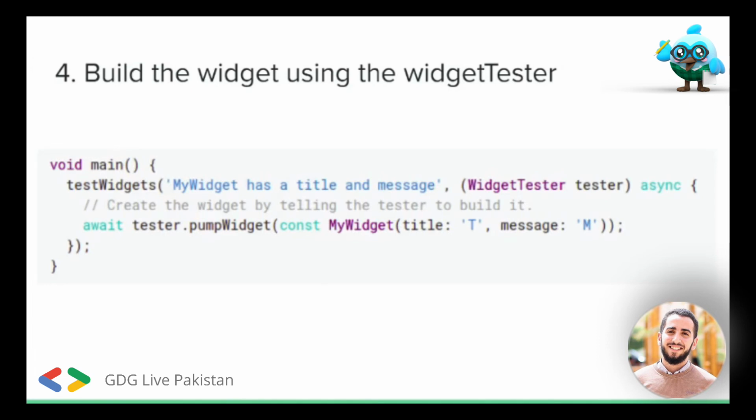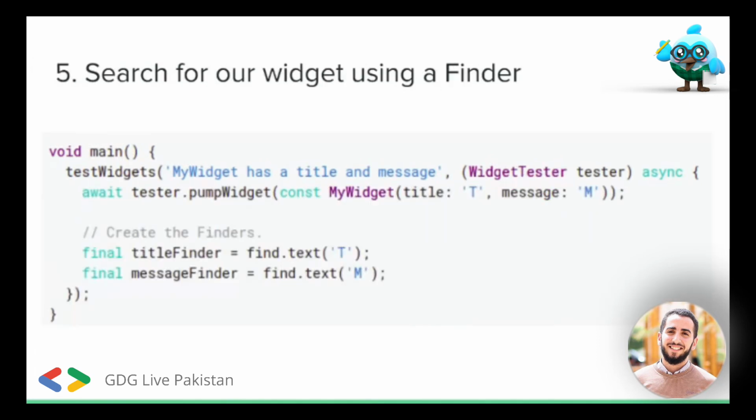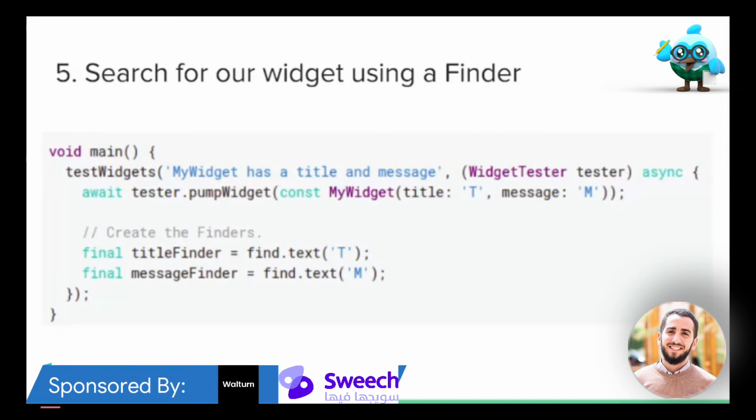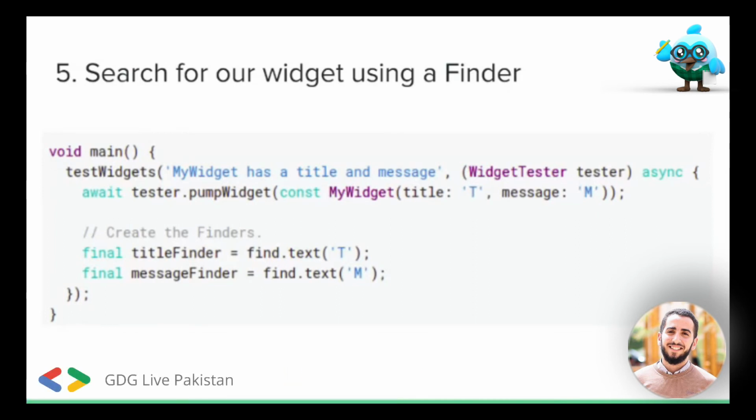After that, we search for our widget using a Finder. With a widget in the test environment, search through the widget tree for the title and the message Text widgets using a Finder. This allows verification that the widgets are being displayed correctly.